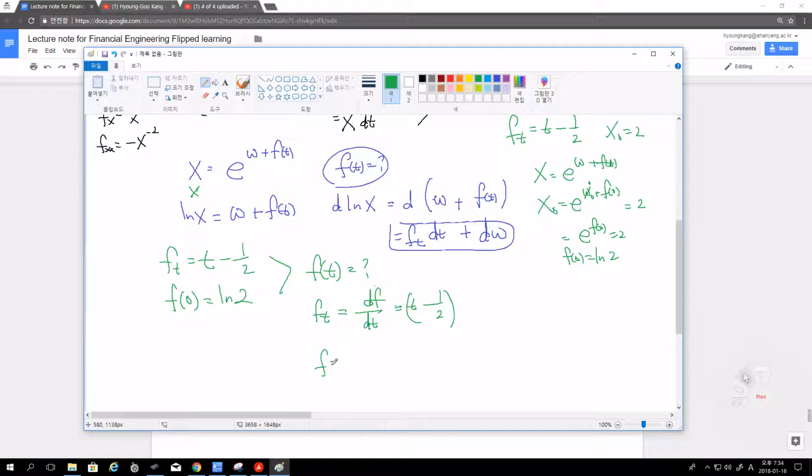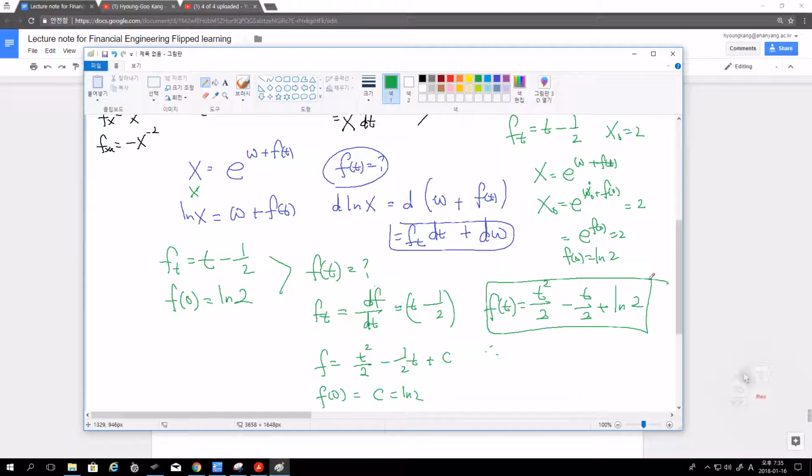So f is, if you do the integration, then basically it is half over t squared, t plus some constant, right? But now f(0) is c, which is log 2. So therefore, our solution for f(t) is 2 over t squared minus half of t plus log 2. So this is our solution.